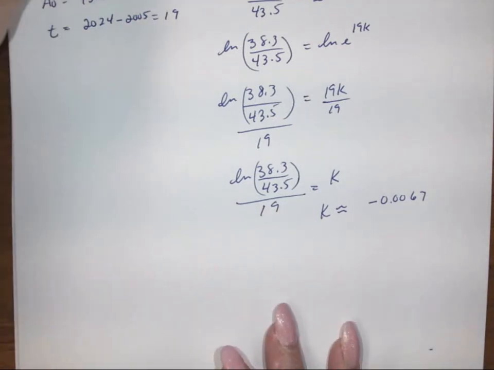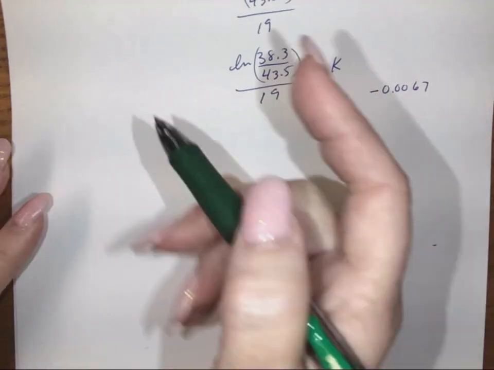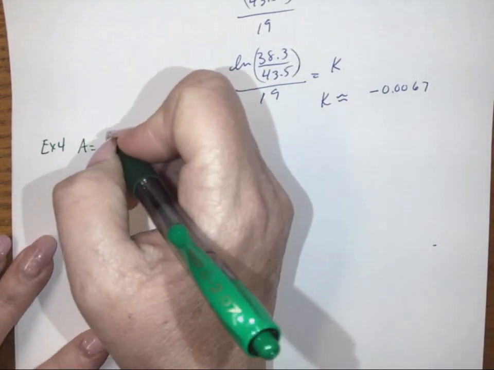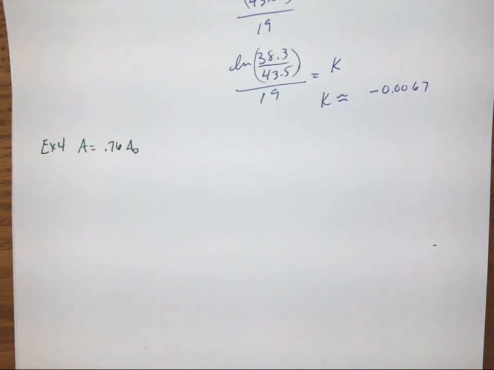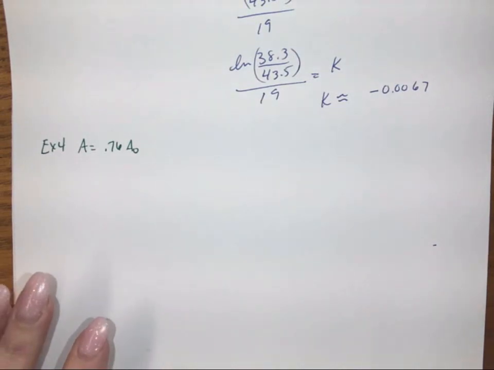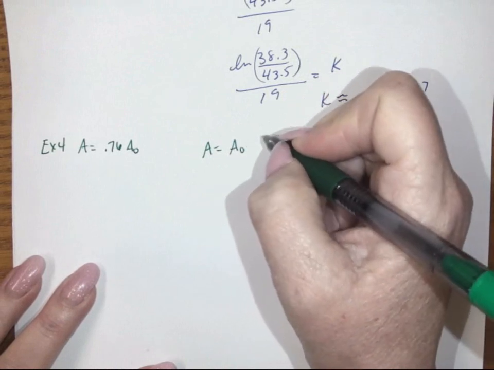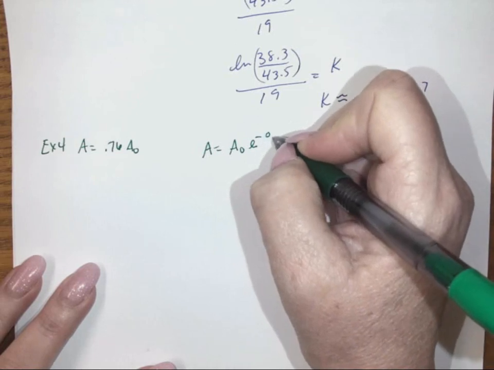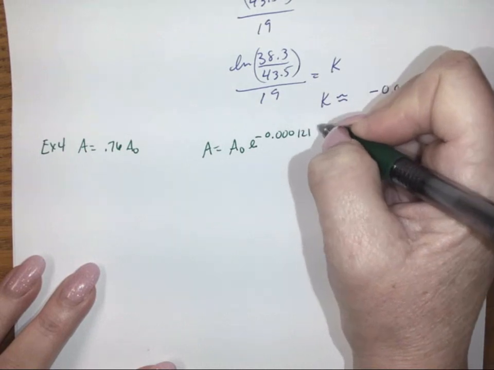So for example 4, we have A is equal to 0.76 times A sub naught. So remember, we're using our original formula there. They gave us a formula to use of A is equal to A sub naught times e to the negative 0.000121t.